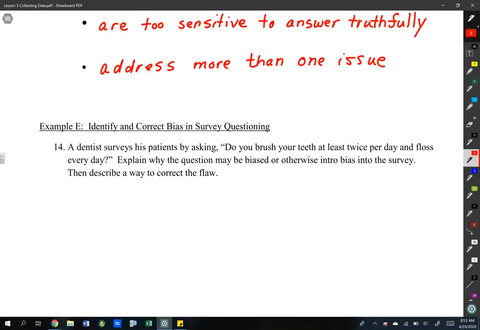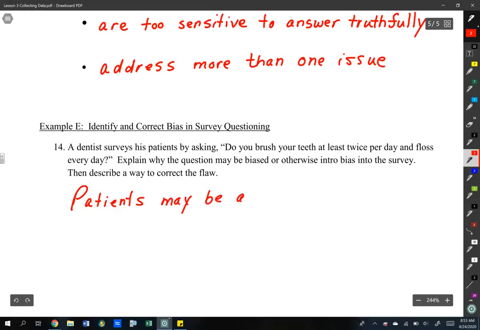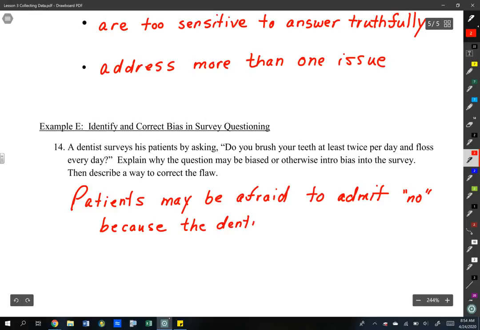So first of all, patients may be afraid to admit no, right? Because the dentist is asking the question. I pretty much am one of those people that will just say, yeah, I'm doing that. I try to floss every day, but it doesn't always happen.